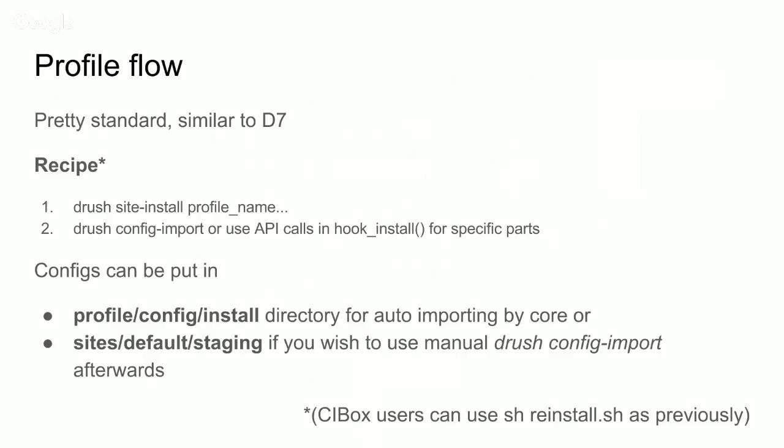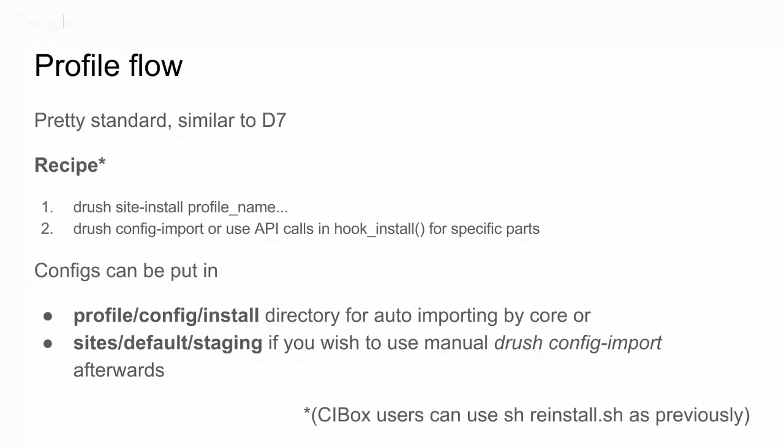The basic recipe is you create a site by running drush site install and the name of the profile. After that, you can extend the default profile installation with manual config import from some particular folder, or using hook install within your modules for specific parts. Configs can be put in profile config install.